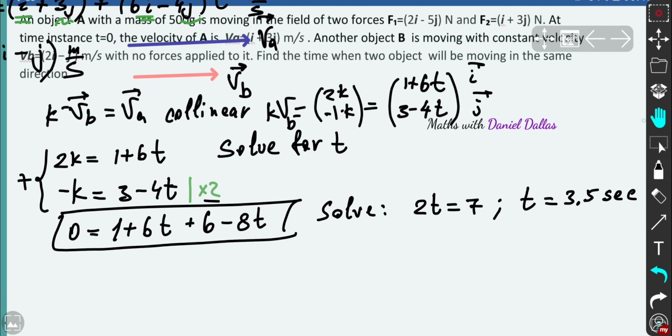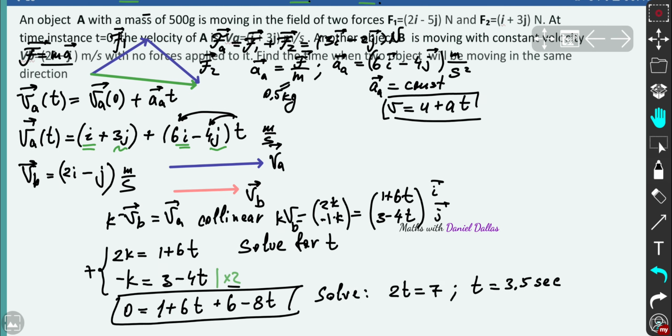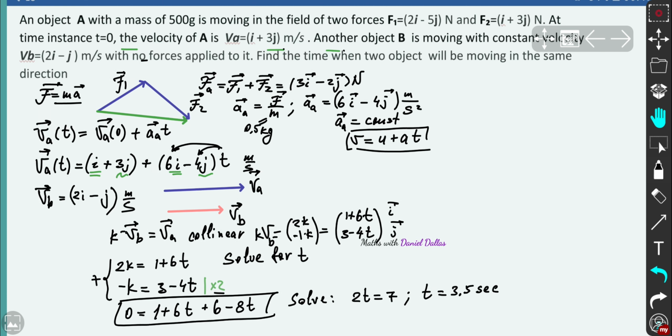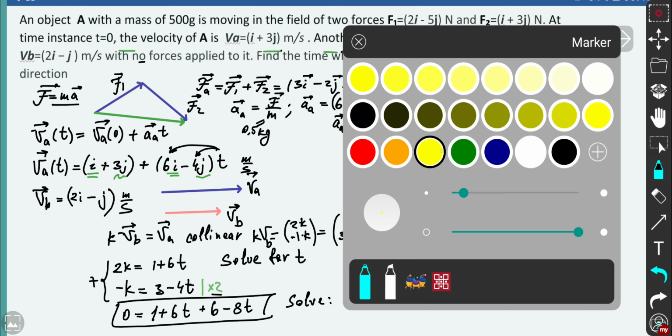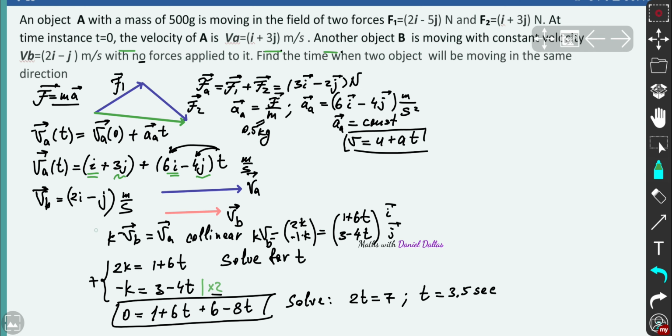That's the final answer, and this is the time when the two objects will be moving in the same direction. One more time, what it means: this is the core equation that we set up here. It means that the two velocity vectors of the objects will be collinear. And the final result for time is 3.5 seconds.